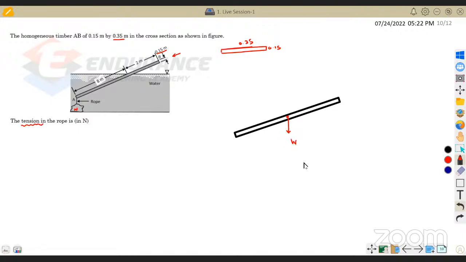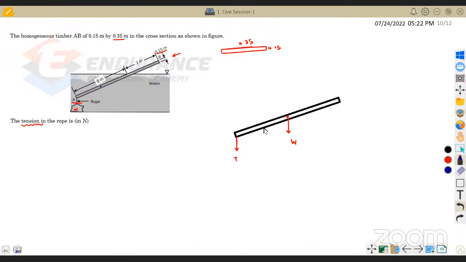And then there is going to be tension right here. If I cut this rope, there is going to be a tension, which is going to act down. In addition to that, it is placed in water, and some amount of the body was immersed inside the water, so there is going to be a buoyancy force. And where does buoyancy force act? Buoyancy force acts at the centroid of the submerged body.